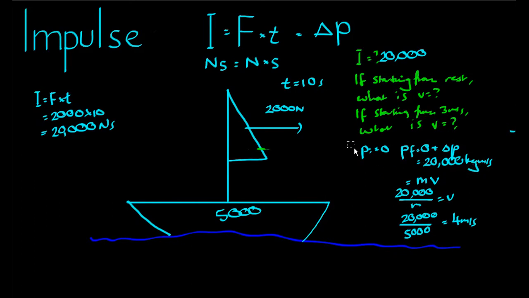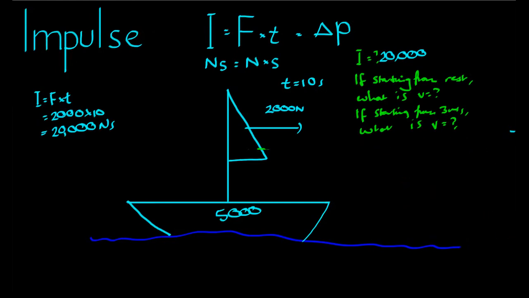Now let's figure out if it started at 3 meters per second, what is the final velocity? Well, if it started from 3 meters per second, the initial momentum is equal to the mass of the sailboat times that velocity, or 15,000 kilograms times meters per second. And the final momentum is equal to that starting momentum plus the change.